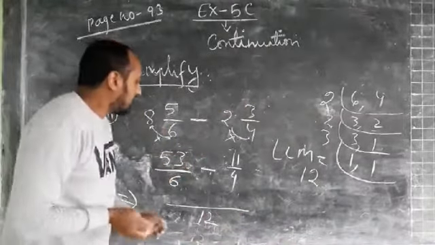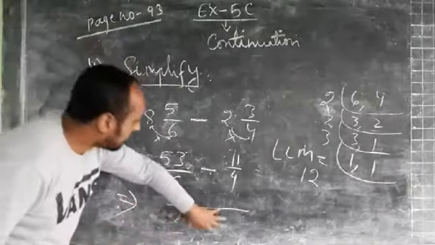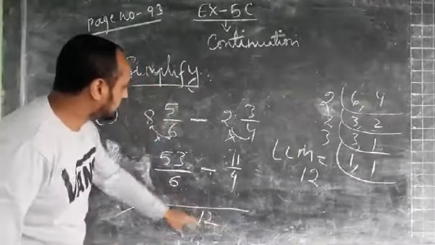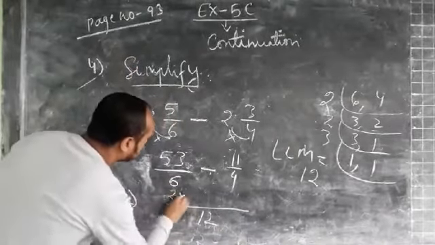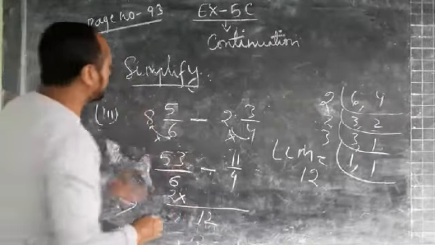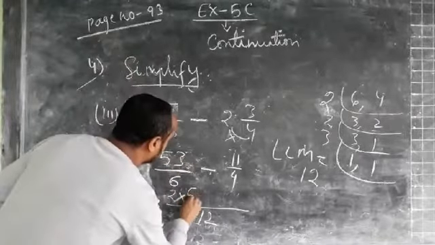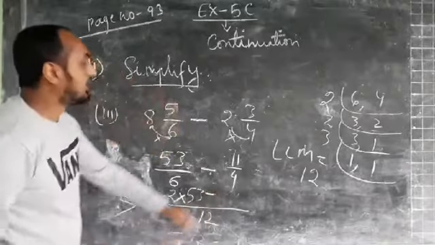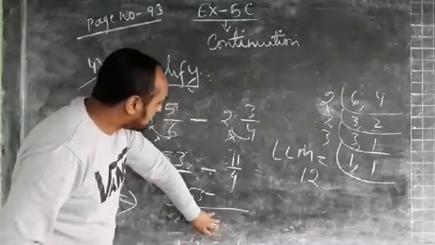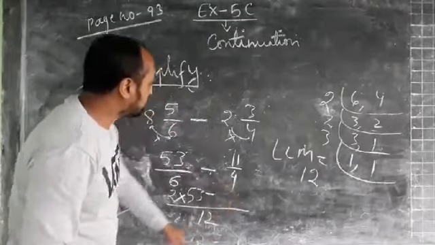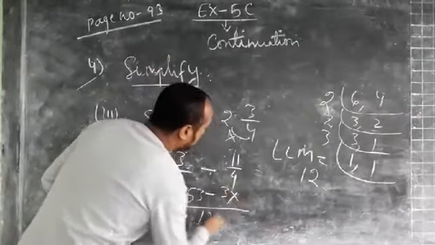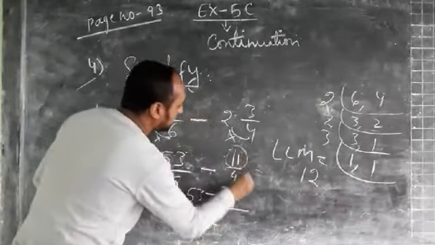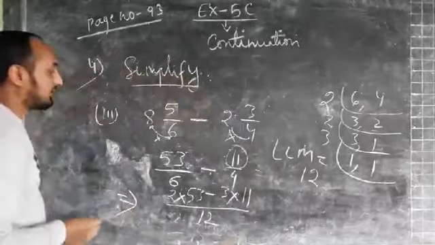Now next, we have to divide this 12 by 6. So 6 2s are 12, into whatever we have in the numerator, that is 53. We have to write it here, 53, minus. Here we have to divide this 12 by 4. So 4 3s are 12. 3 into, in numerator we have 11. So we have to multiply that.